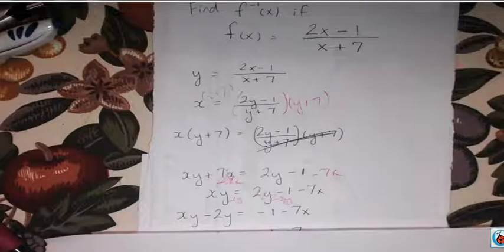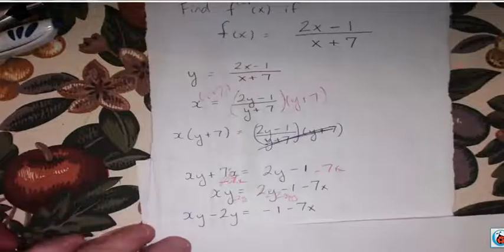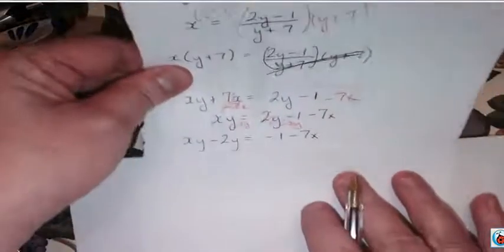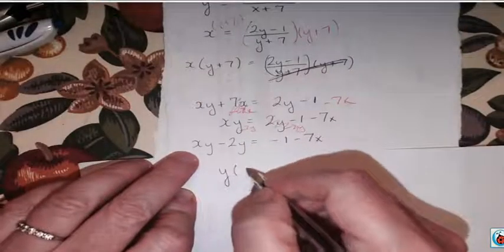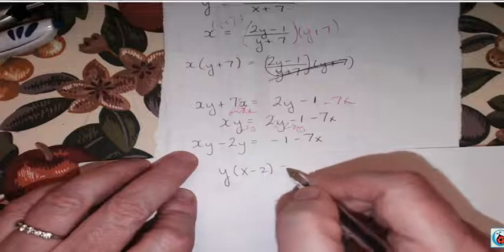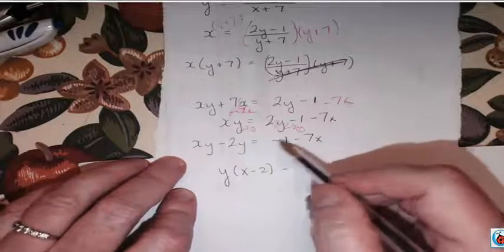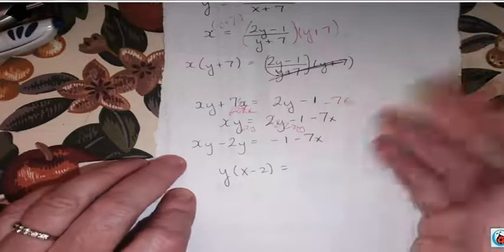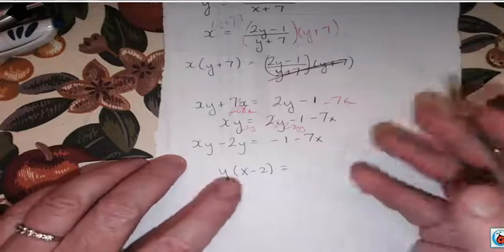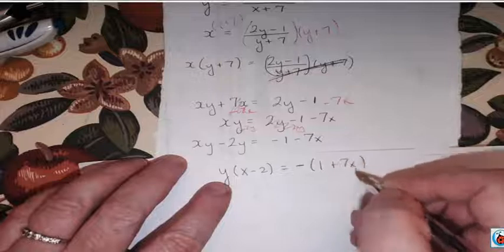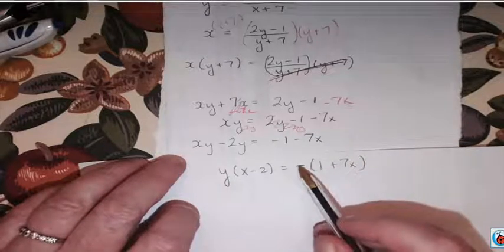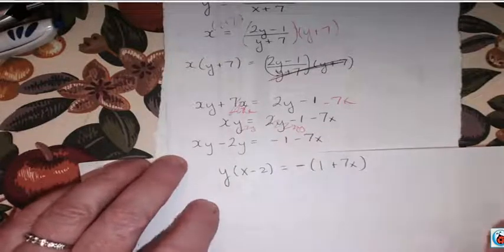Okay. What we need to do next is let's factor out the y. And let's actually factor out the negative symbol. Since both terms are negative, if both terms aren't negative, you don't need to do that, but I think I'm going to do that. So what happens if I distribute the negative sign through, I get that.